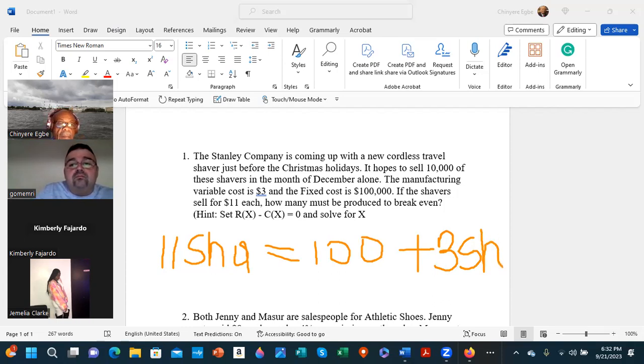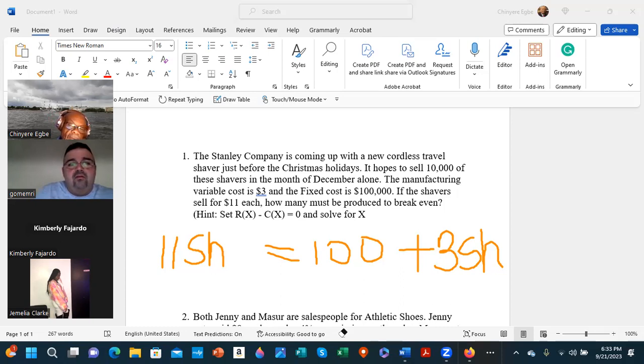Is it making sense? Well, 11 is the selling price of the shavers, and 3 is the cost to manufacture each shaver. 3 times shavers: for each shaver that you manufacture, it costs you $3.